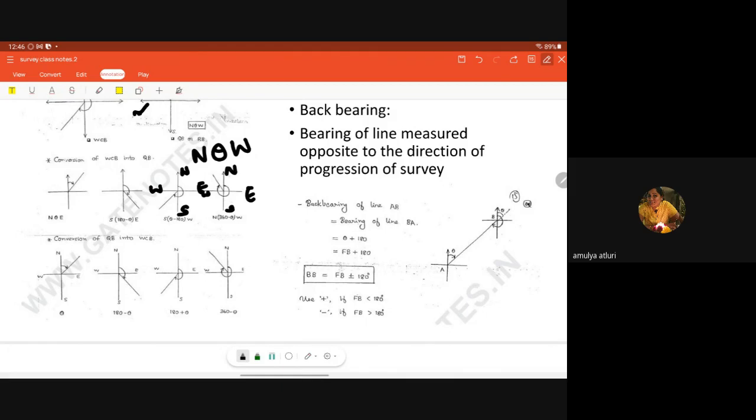So north 360 minus theta west. This is the conversion of WCB, whole circle bearing, into quadrantal bearing. We just consider the poles, the two poles, and the angle between them in conversion.